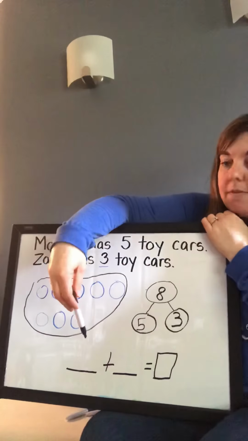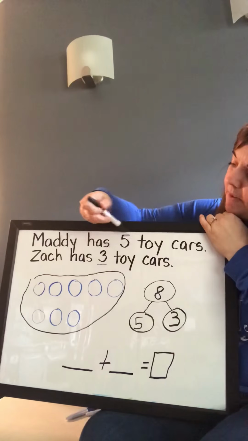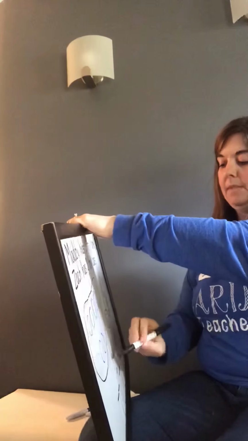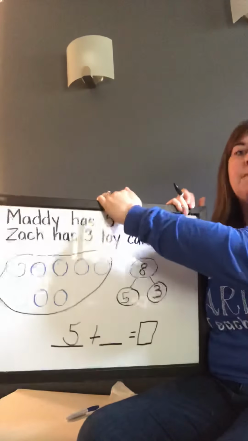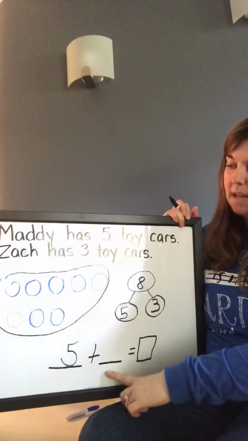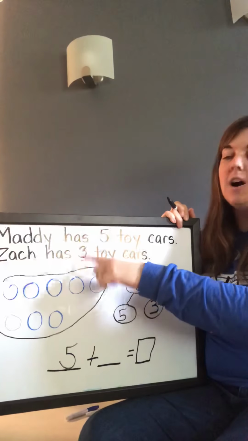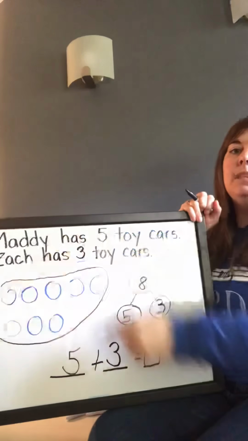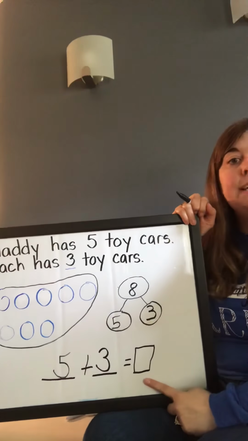So first we want our first part of Maddie's cars. And Maddie had 5 cars. So we're going to write the number 5 there. So 5 plus, we need Zach's cars, and he had 3 cars. So 5 plus 3 equals, and now we need to figure out what our mystery number is.